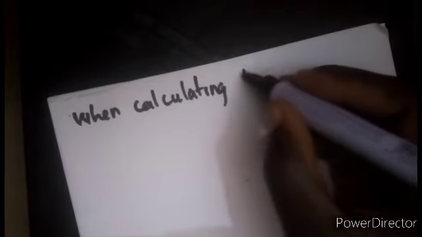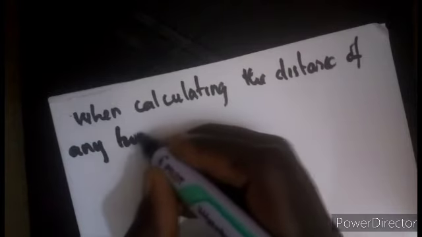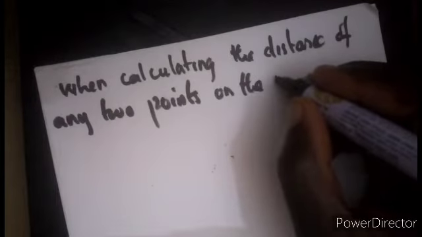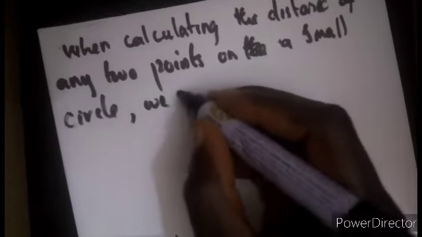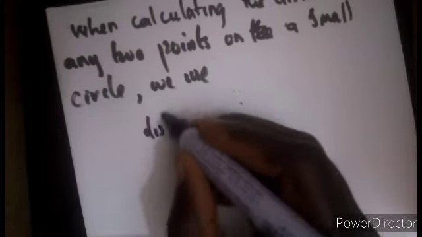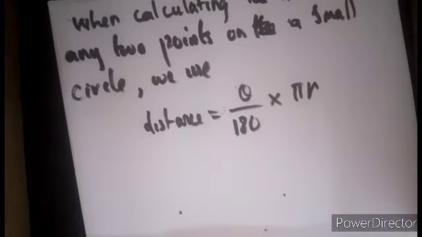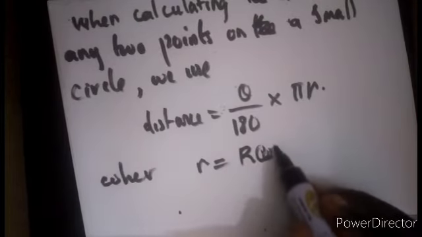So what are we saying in essence? We are saying that when calculating the distance of any 2 points on a small circle, we use, of course, the formula for distance, which is equal to theta over 180 times pi r, where r here is equal to our R cosine of phi.